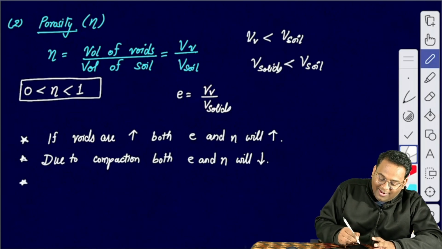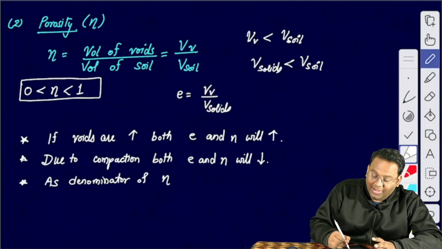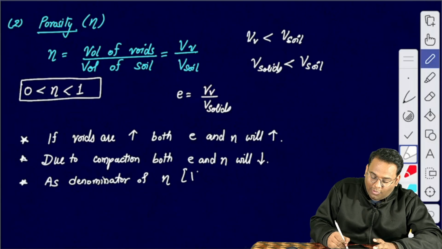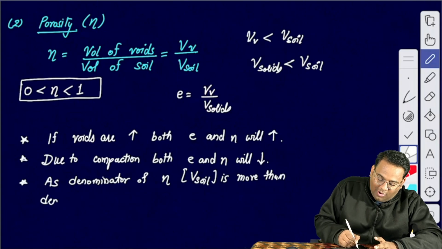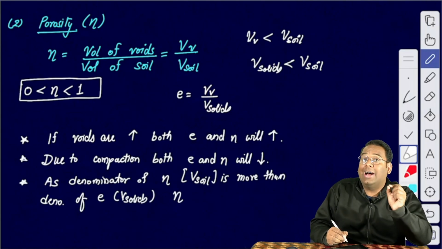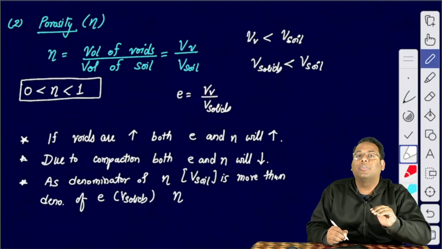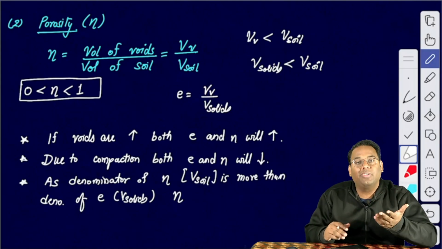So what I can write down is that the denominator of eta is volume of soil, which is more than the denominator of e, that is volume of solids. So eta will always be, as the denominator of eta, that is porosity, is always more, and if the denominator is more, then the ratio will be less.